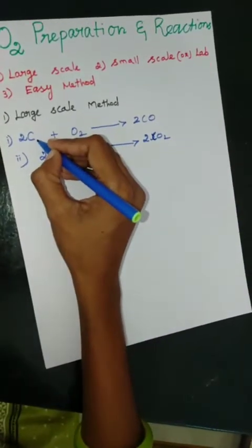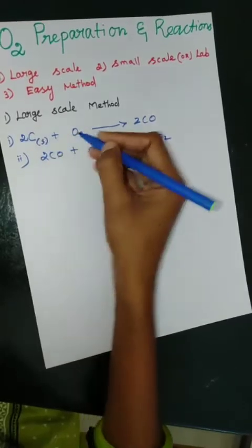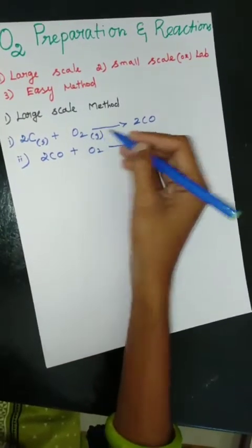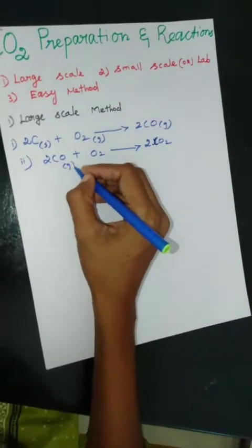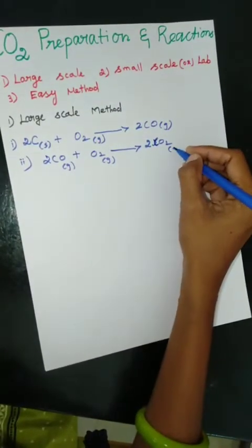Carbon is in the solid state and oxygen is in the gaseous state, carbon monoxide also gaseous here and here, like that.